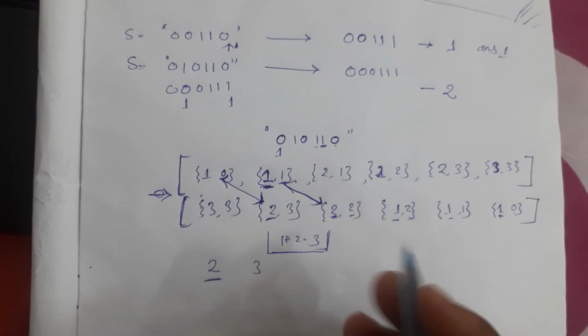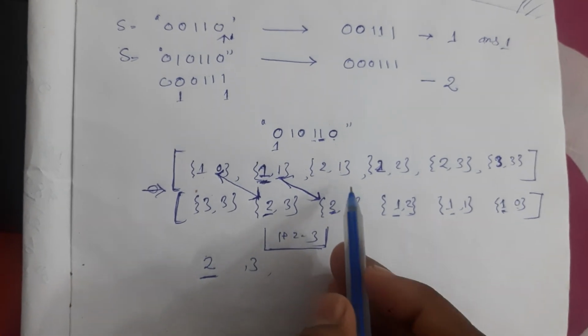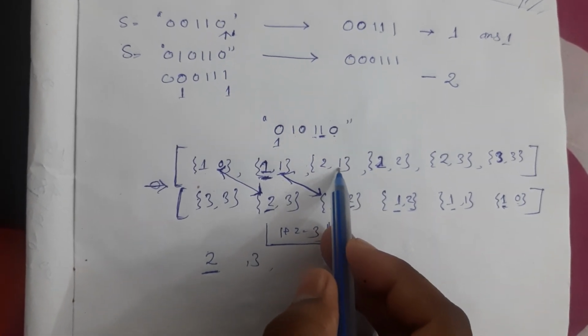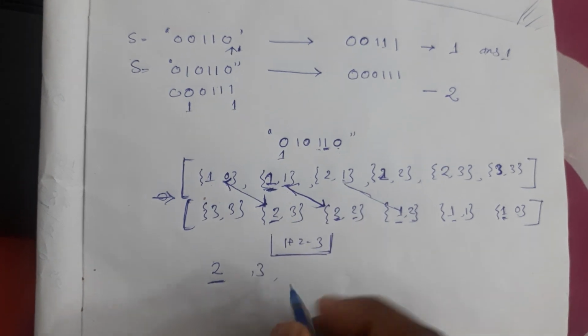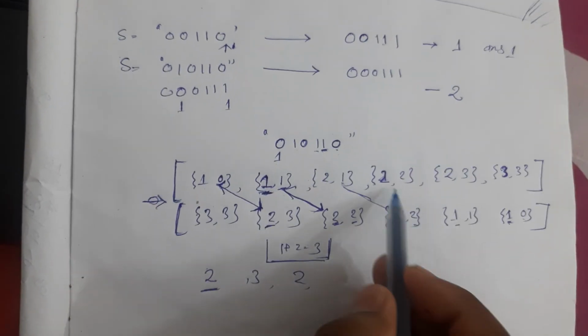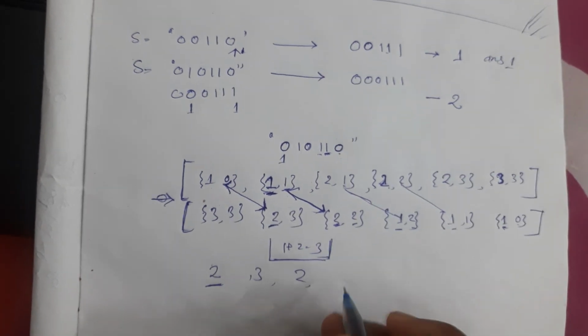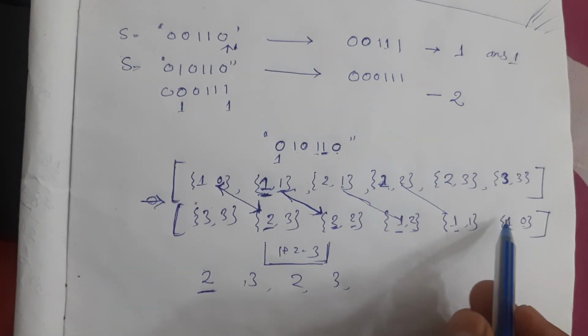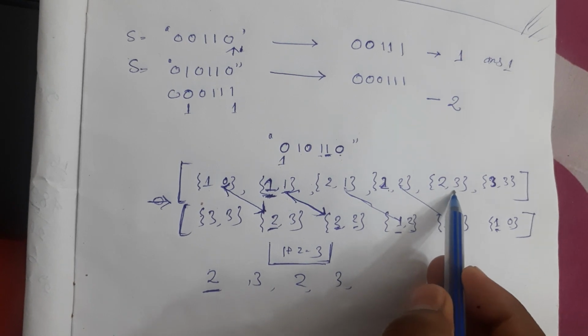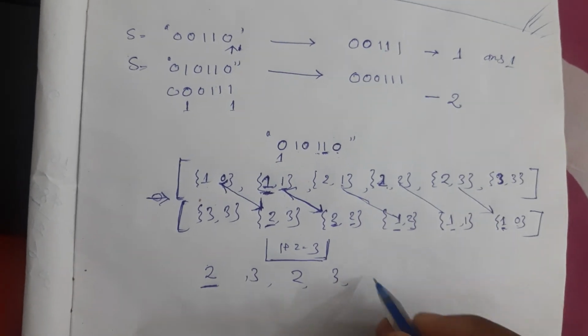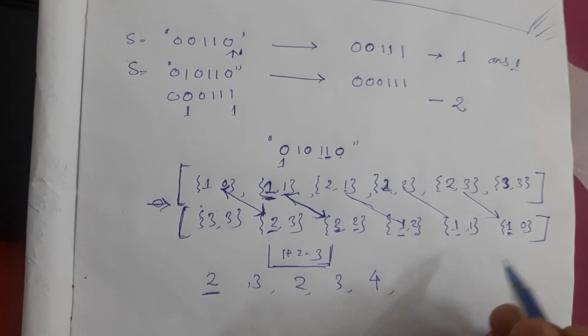For this index it becomes 1 plus 1, which is 2. For this index it is 2 plus 1, which is 3. For this index it is 3 plus 1, so 4.